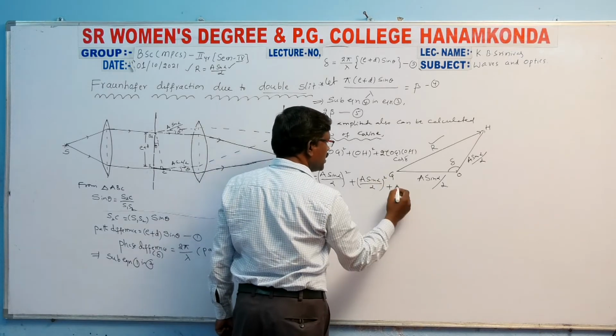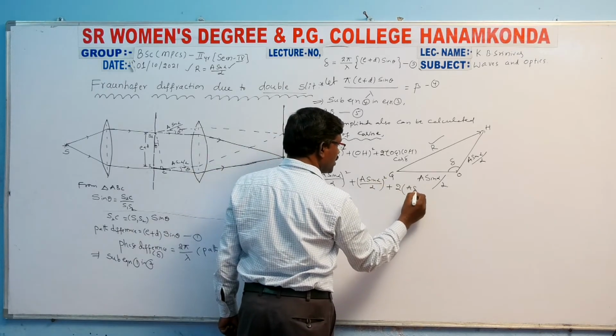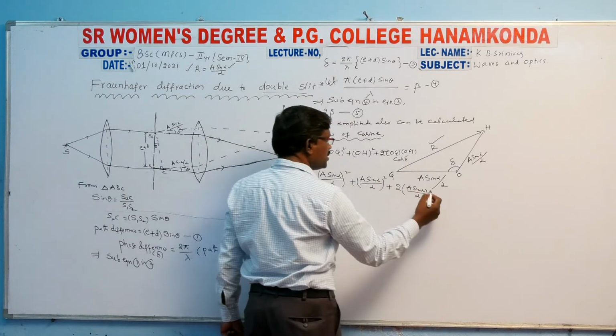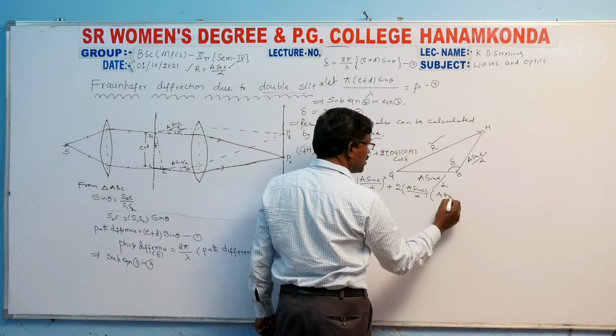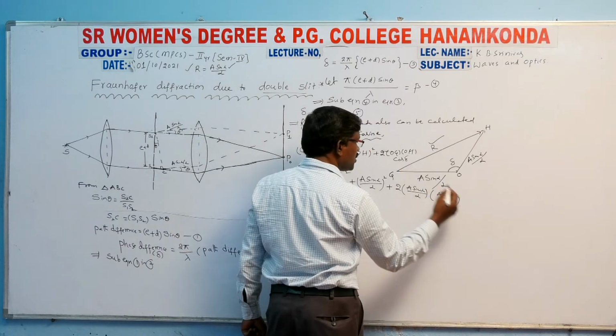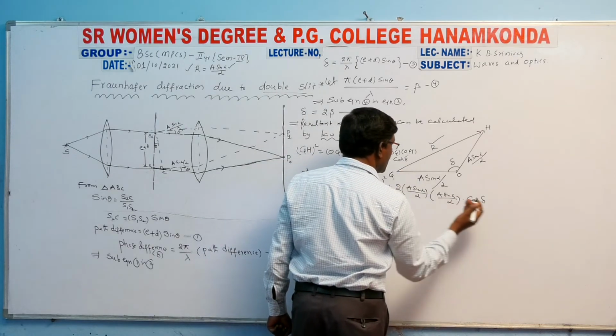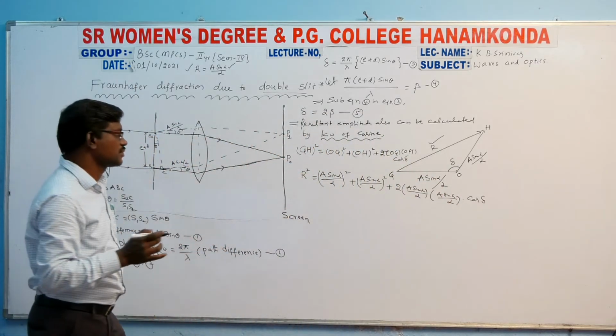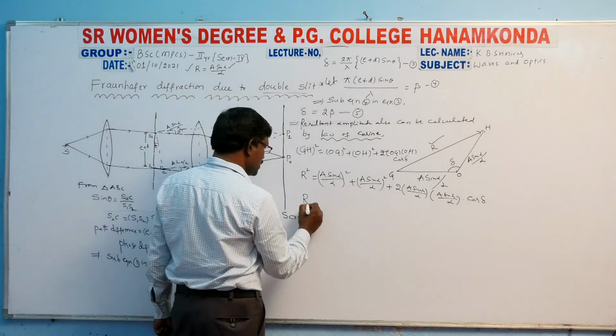Plus 2 into OG, again A sin alpha by alpha, into OH, also A sin alpha by alpha, into cos delta, the cosine of the angle between the two amplitudes, that is delta.